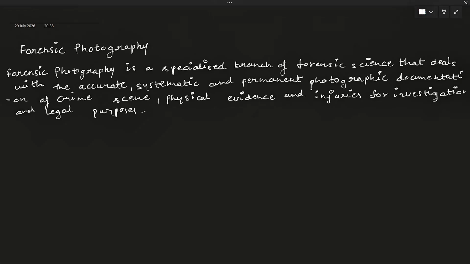So today's learning objective is what we are going to learn today: history of forensic photography, then definition and objective, then fundamental principles.